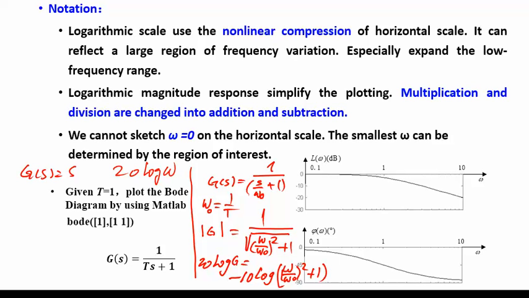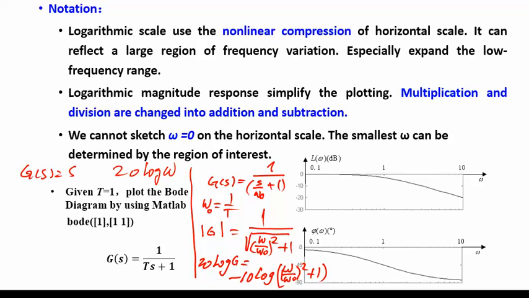Now here we have a pole at minus omega 0. It's not linear, so we cannot linearize, but we still can plot it against the log of the frequency. This can be thought of as follows. We take the extreme low frequency and the extreme high frequency, so we have two frequency ranges.